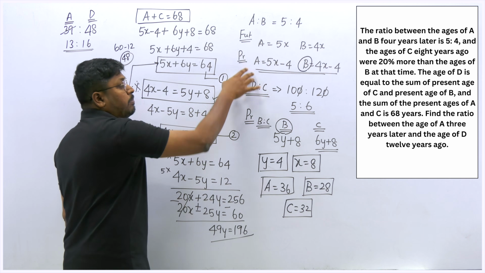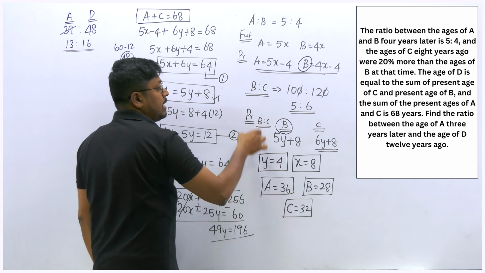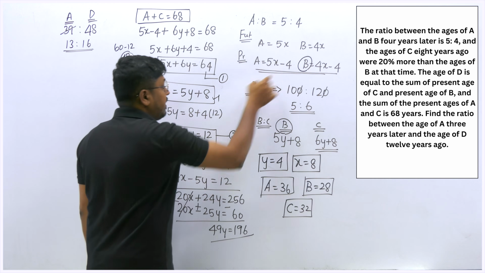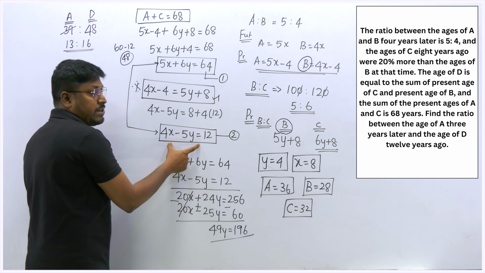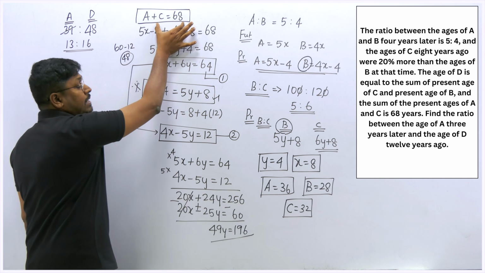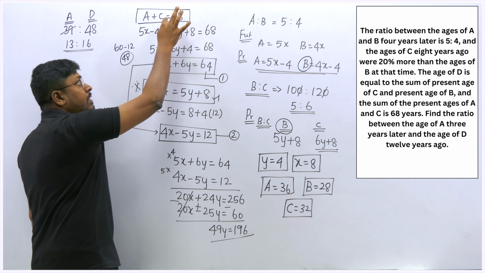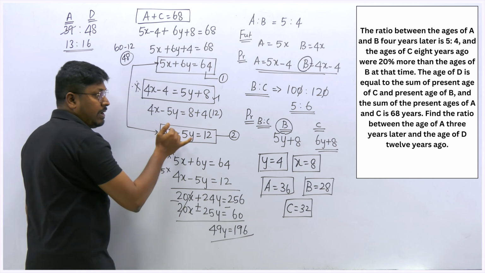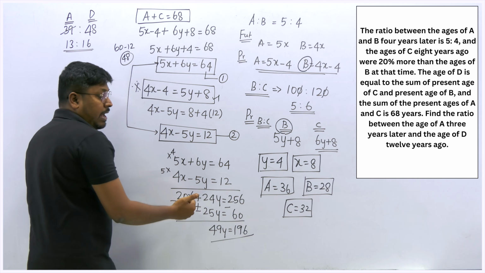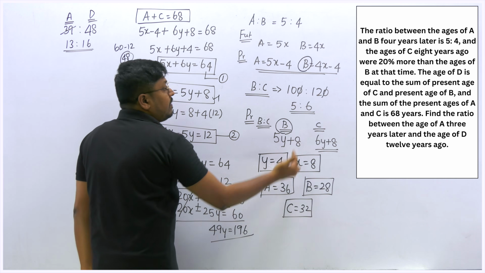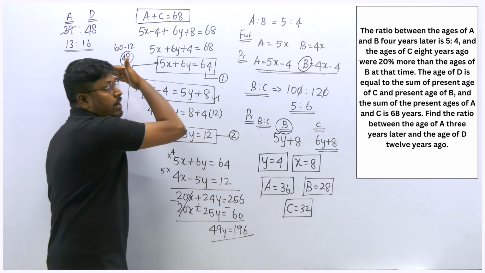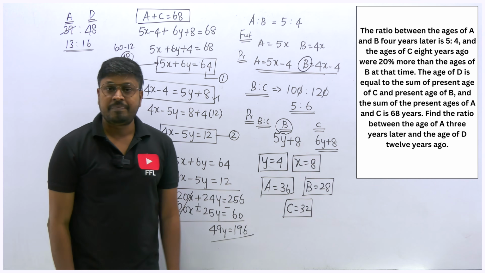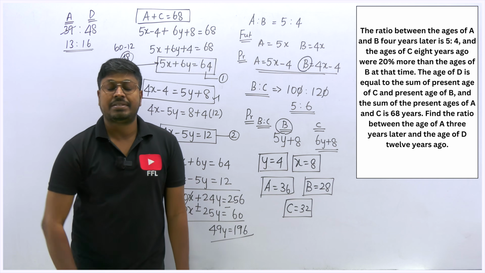Based upon both the data, we know that in both we have the value of B. So I equated both persons' present ages, and then I framed one equation. And this equation they have already given in the question itself. So we framed two equations. By solving them, we got X and Y. After finding X and Y, we can easily find the present age of all three persons. So now, according to the question, we have found the ratio, which is the answer for the first question.